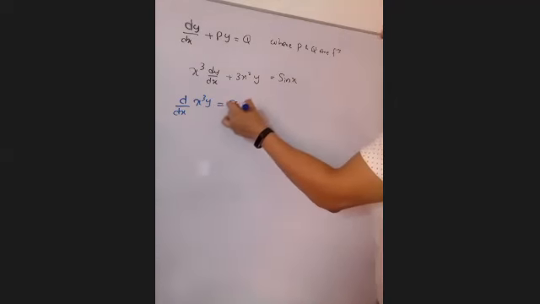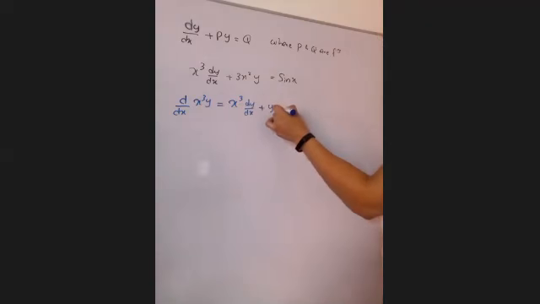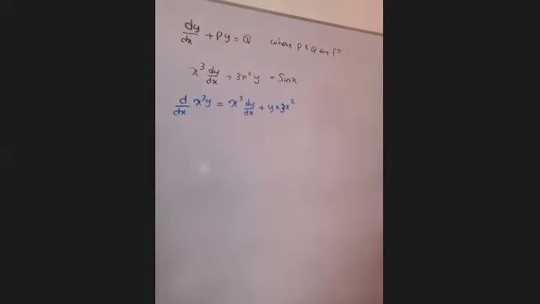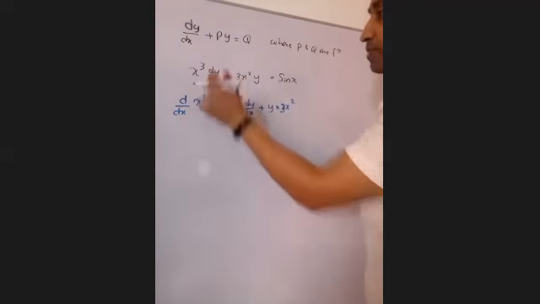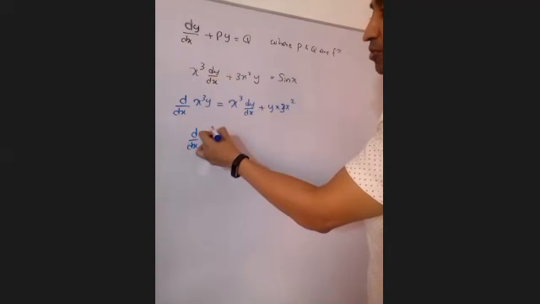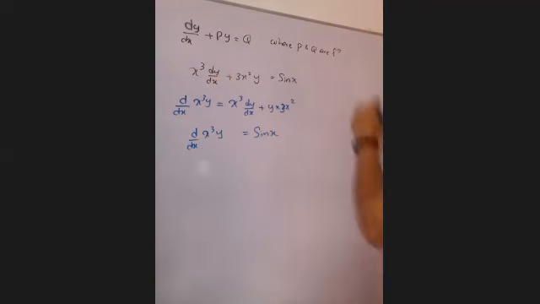Keep x cubed and differentiate y, which is dy by dx, plus keep y and differentiate x cubed, which is 3x squared. That is literally the same thing as this. Therefore, instead of this, I can write d by dx of x cubed y equals sine x.